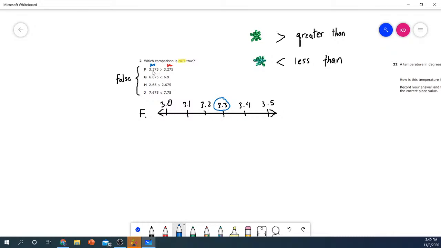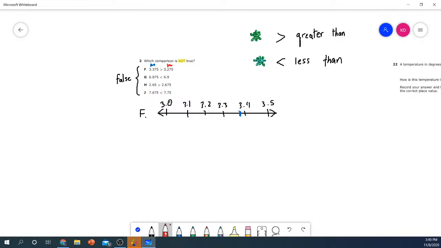Then we see 3.375. It's greater than 3.3 but less than 3.4. So it would go right here.